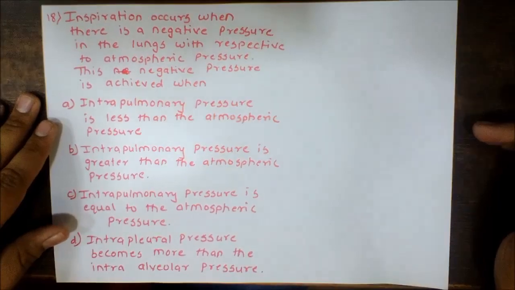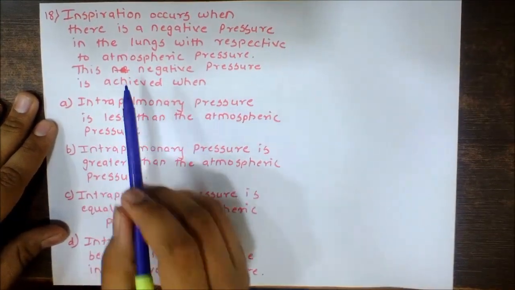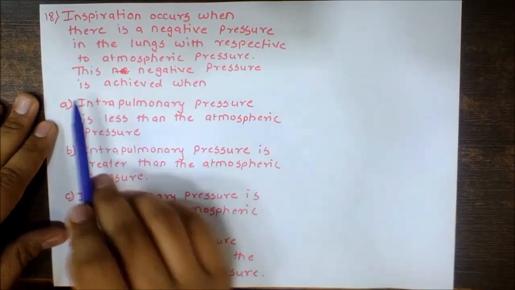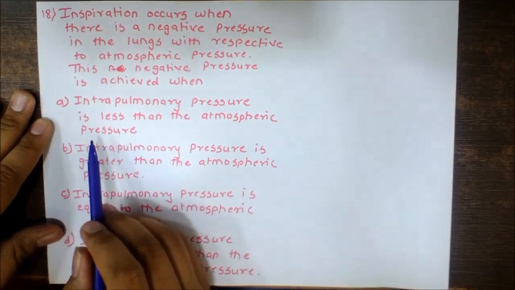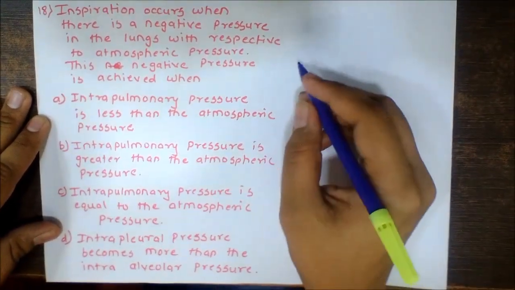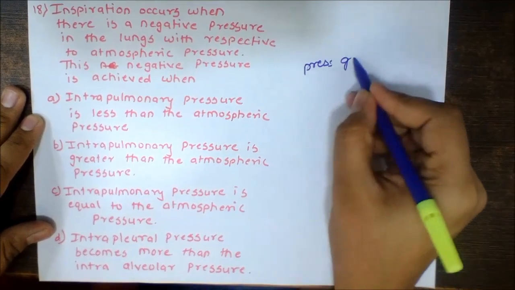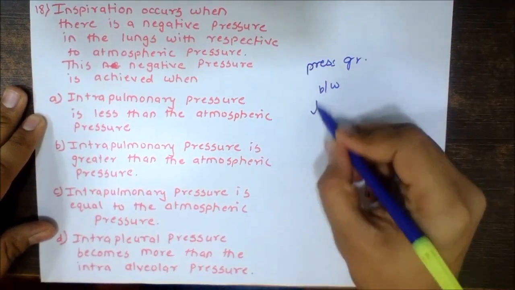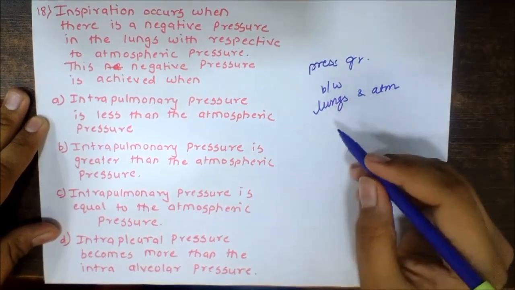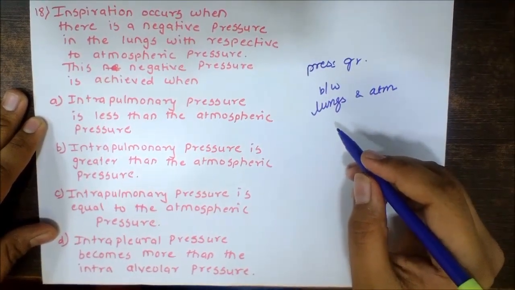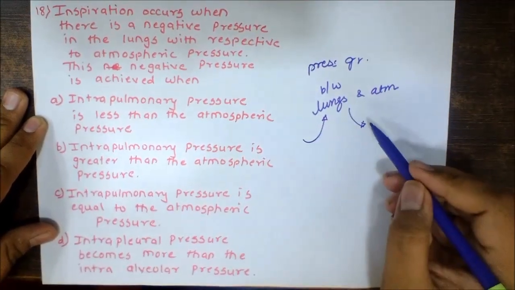Now, as we know that in this question, the negative pressure is achieved when intrapulmonary pressure is less than atmospheric pressure, because of the pressure gradient between the lungs and the atmosphere, the air moves into and out of the lungs.